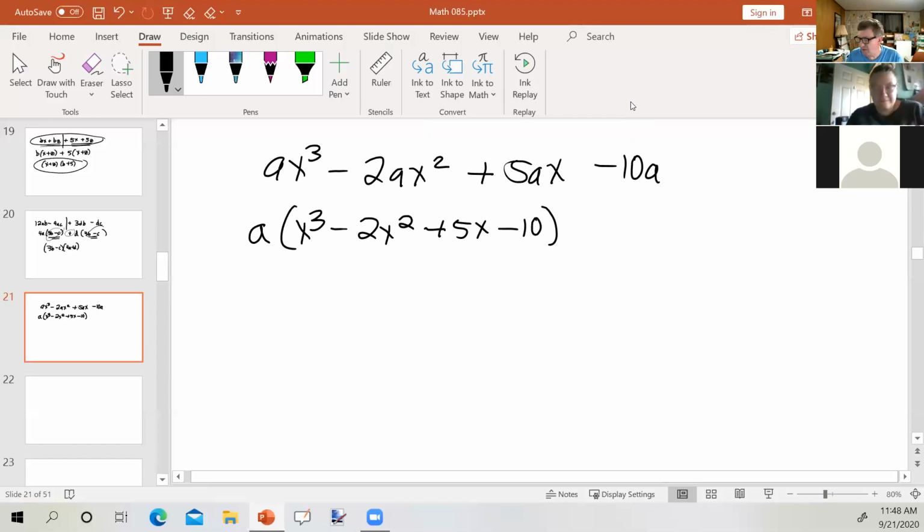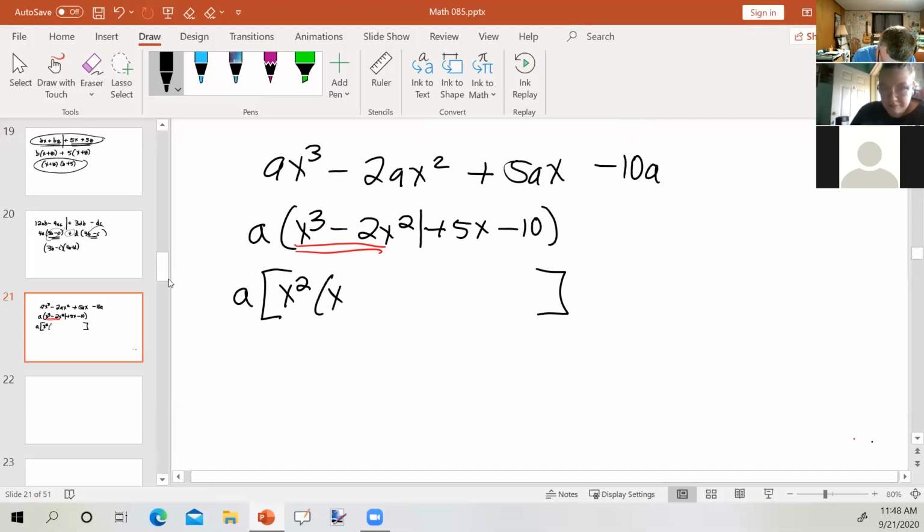So we've taken out the greatest common factor, but now we're going to look at the 4 terms inside the parentheses, and we're going to attempt factoring by grouping on them. I'm going to switch over to brackets instead of parentheses, because I'm going to have parentheses inside my brackets in a minute. So let's do this. If I take the greatest common factor out of the first two terms, it would be x squared, and then I'd have an x minus 2 left over.